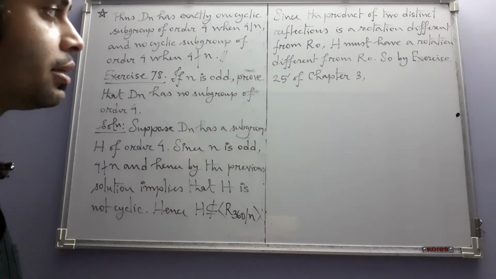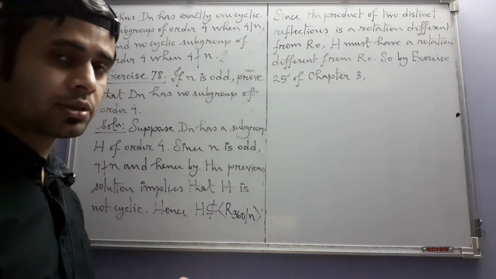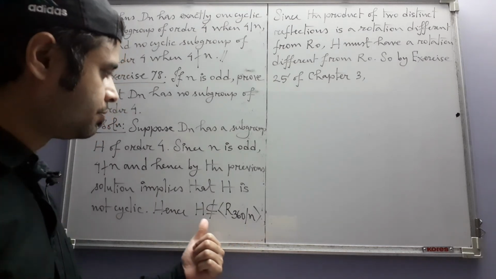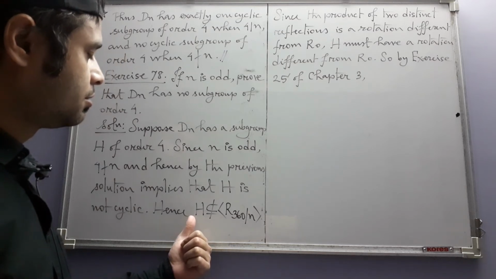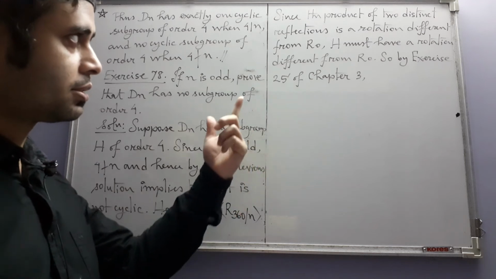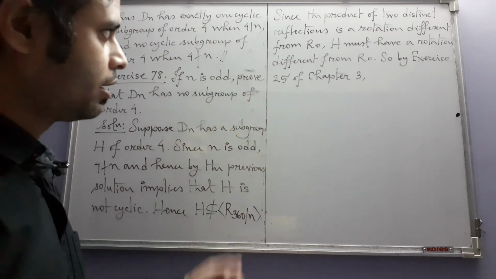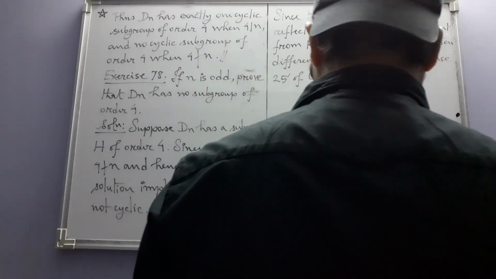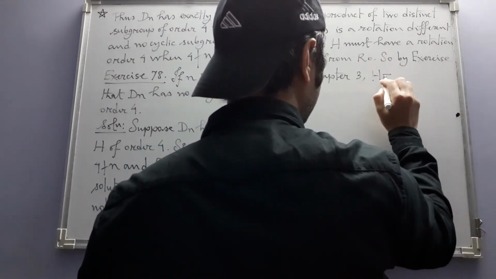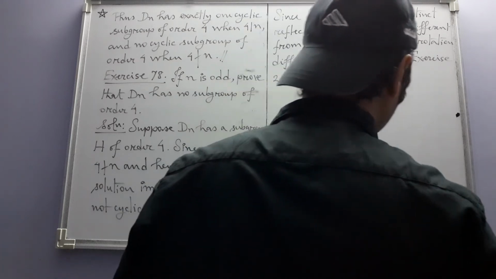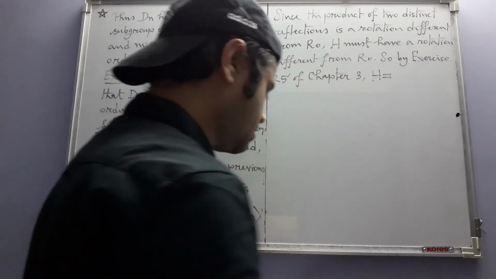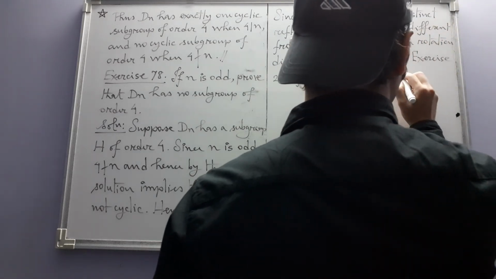So here not all the elements are rotations because H is not contained in this, and of course not all the elements are reflections, as we have seen here. So that's why H will be of this form.